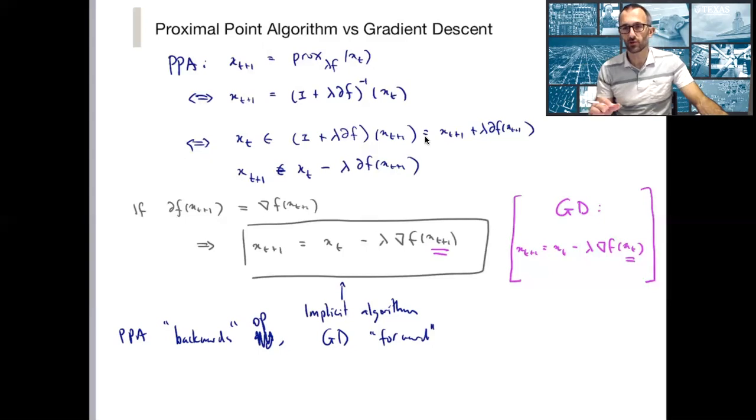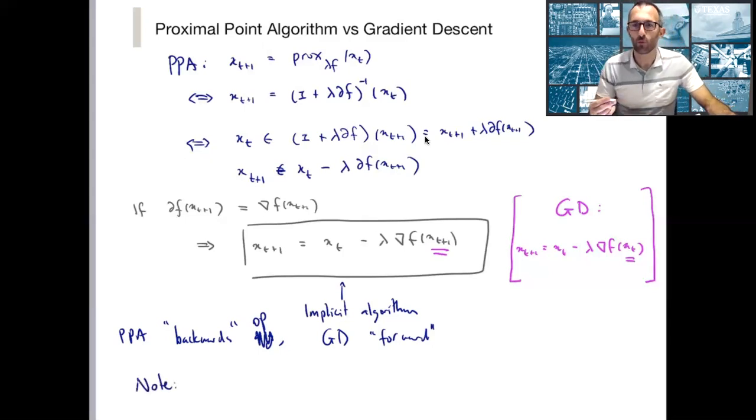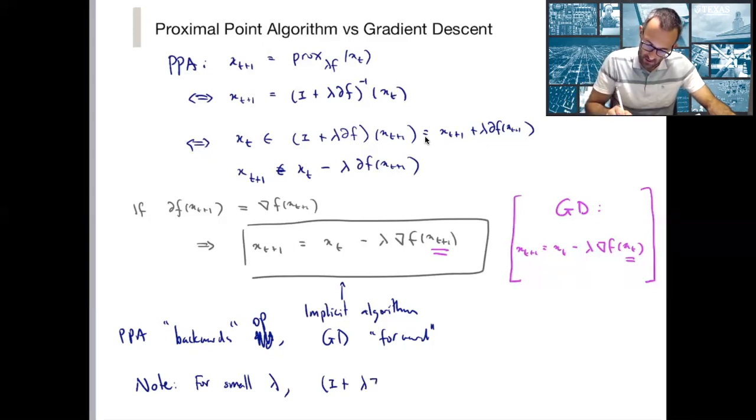On the other hand, we also know that they're pretty related. We could say informally, in any case, that if λ is small, then (I + λ ∂f) inverse is approximately equal to I minus λ ∂f.